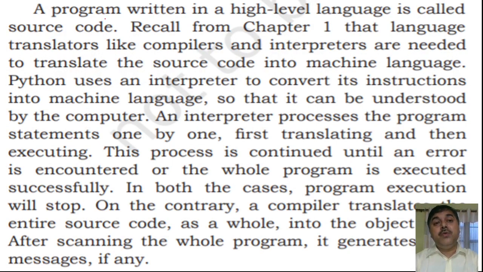So what we are writing, do you think it is in a combination of 0 and 1? No, never. We are writing it with a combination of English alphabets, which is a high level code that we are using. As we are using high level code, there is source code.